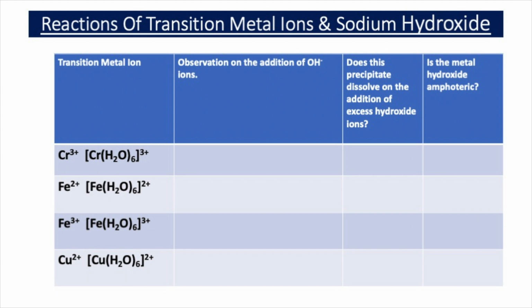As we carry out these experiments, we're going to complete the following table. It's important that you learn the different colour precipitates that form when you add OH- ions to these transition metal ions. In addition to this, it's also important that you learn which transition metal hydroxides are amphoteric.